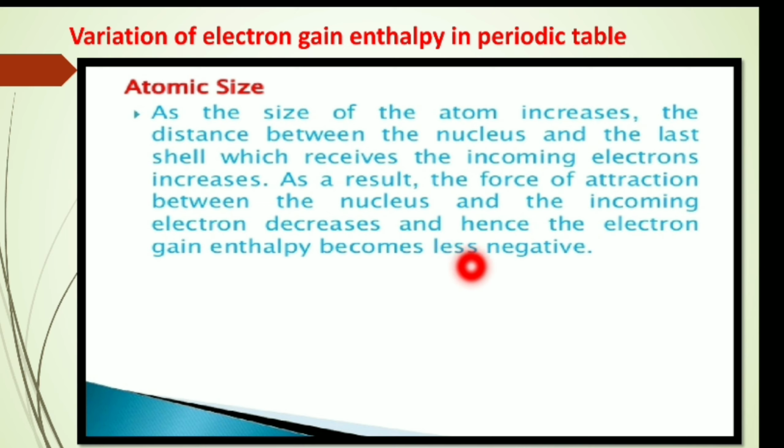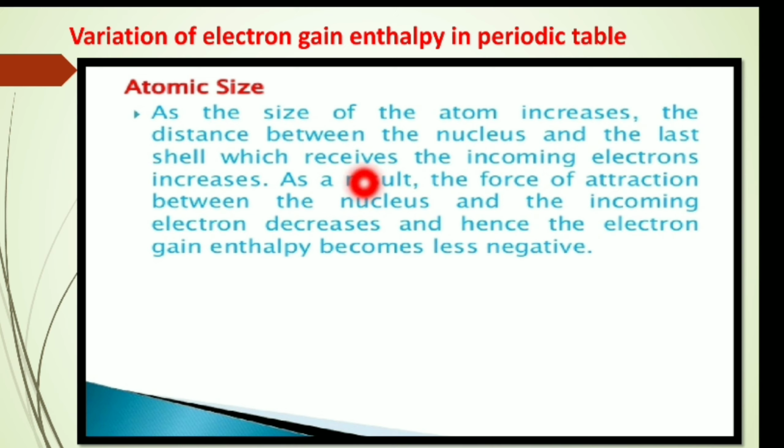You should mention this point, less negative, or it decreases, because whenever shells increase, the size of the atom goes on increasing, because the distance between the nucleus and the outermost shell goes on increasing. Whenever an electron is added to the outermost shell, that electron is loosely held by the nucleus, because that outermost shell is far away from the nucleus.